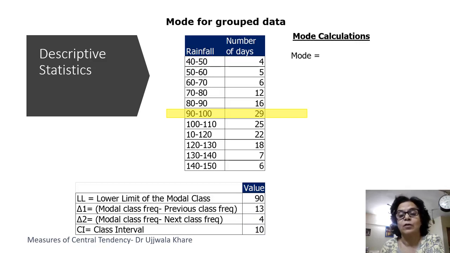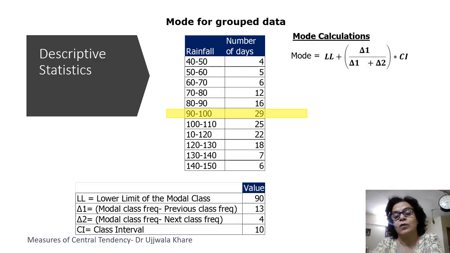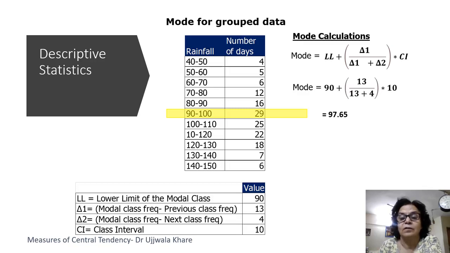Now what is the formula for mode? How do you calculate it? That is lower limit plus delta 1 upon delta 1 plus delta 2 into class interval. In this example you can see 90 is the lower limit.